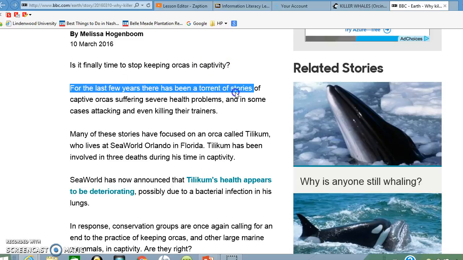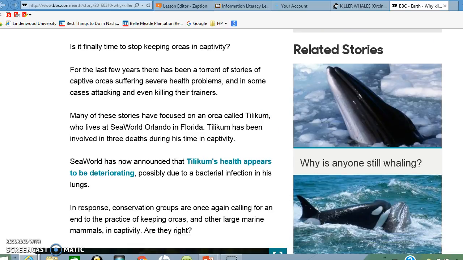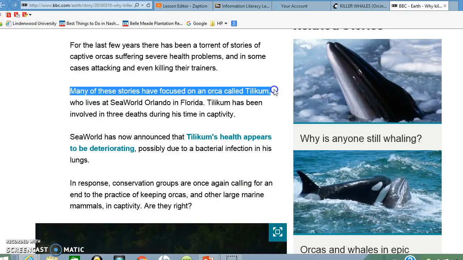So you can read a few things. For the last few years, there's been stories of captive orcas suffering severe health problems. I did see a few things on TV saying that. And then it talks about a killer whale that lived in SeaWorld in Florida.